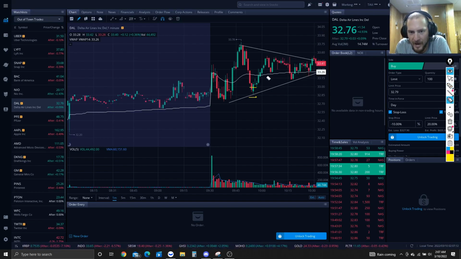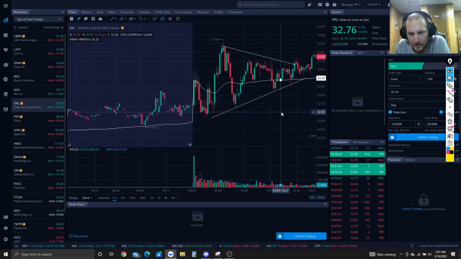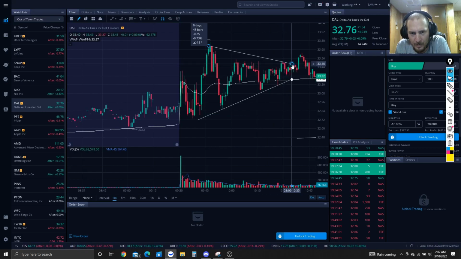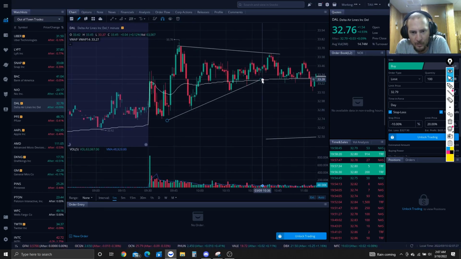So if I hadn't done that, and I'm already realizing that I'm this far into the consolidation, what I would do instead is just wait for that breakout to actually happen and adjust these things as we go here.